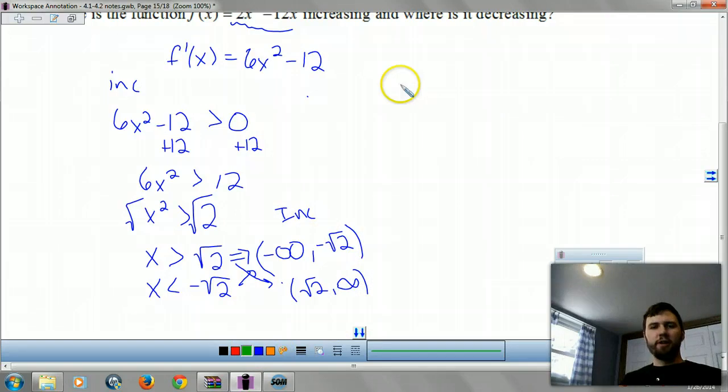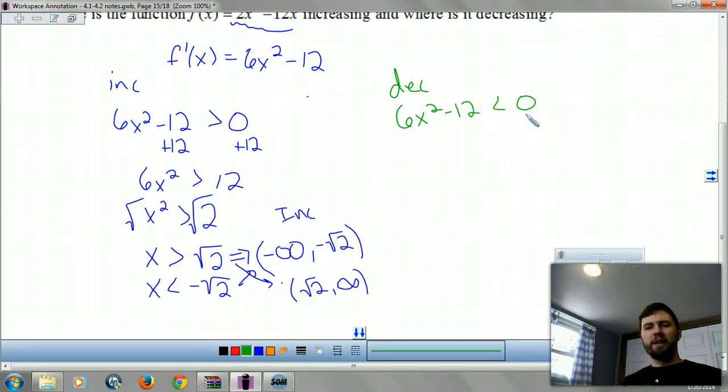Now to find out where we're decreasing, we take our derivative and set it less than 0, because we're looking for when it is negative. So you get 6x squared less than 12, x squared less than 2, square root both sides.